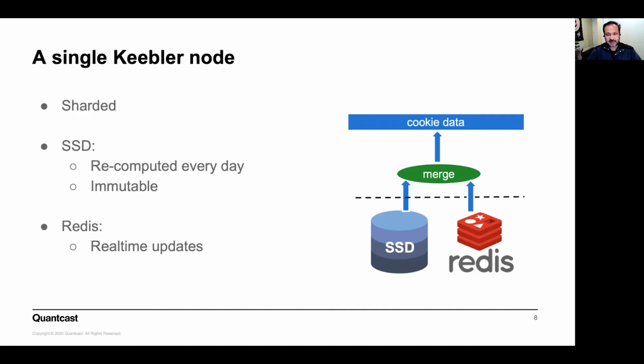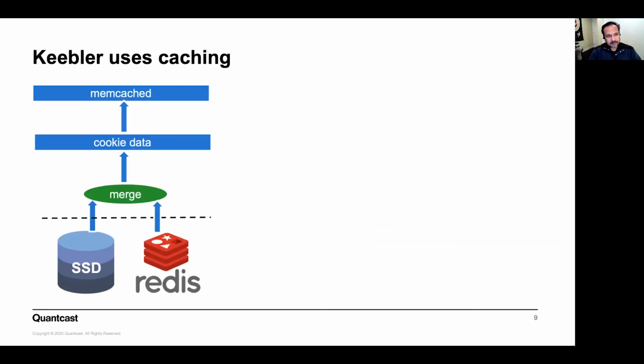When a MUX client, or any client which wants to use Keebler, makes a request, Keebler looks up the data from the SSD. It looks up the data from the Redis and merges both to respond back and give a full overview of all the data that we have on a specific cookie.